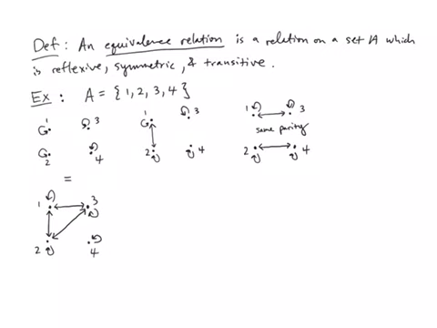So this is a diagram of an equivalence relation here. So those are essentially the only ways you can add two arrows. If you try to add two non-trivial arrows in a different way, you end up having to add a third because of the transitive condition in that picture.